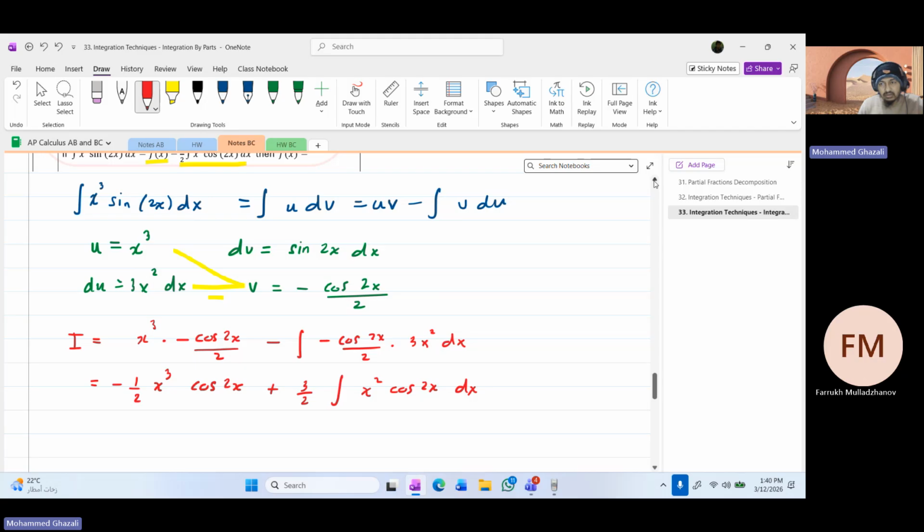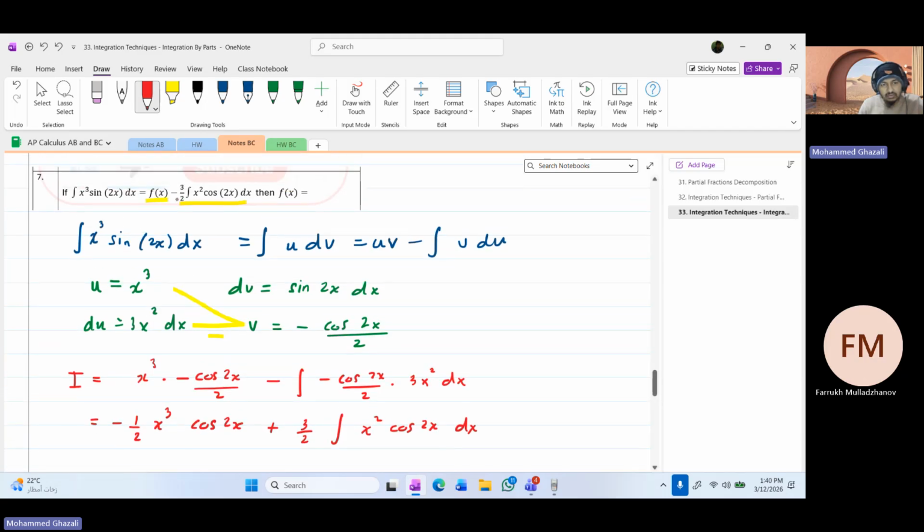Okay, so now you can see you got 3 over 2 x squared cos 2x dx. Supposed to be negative 3 over 2 here. One second, I just want to check this out. What's the integral of sine? Integral of sine x dx is negative cos x.